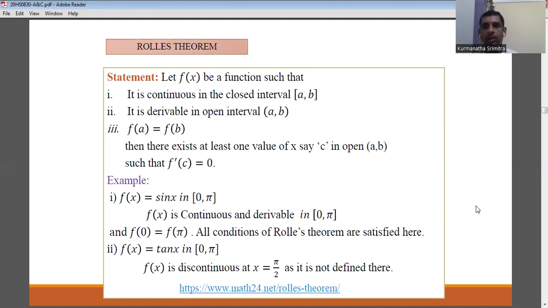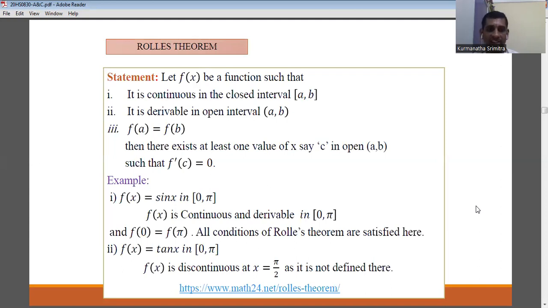And also sin 0 is 0, sin pi is also 0. So f(a) equal to f(b). So the function sin x satisfies the three conditions of Rolle's theorem.